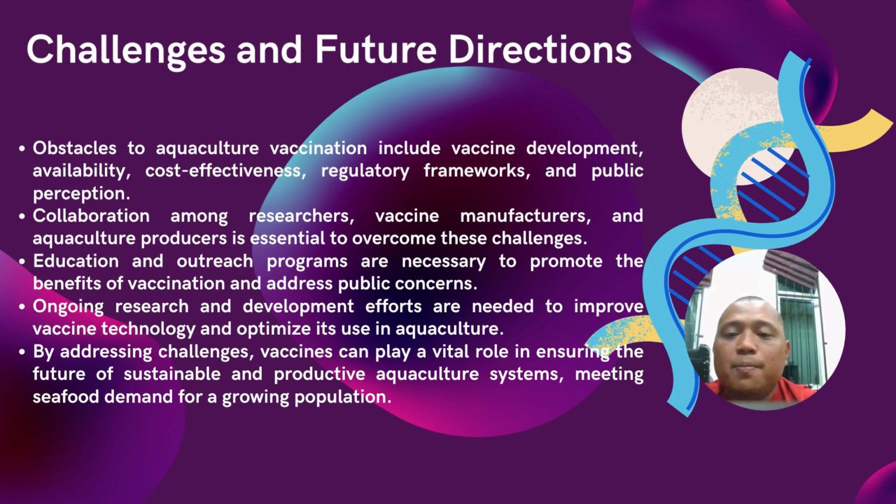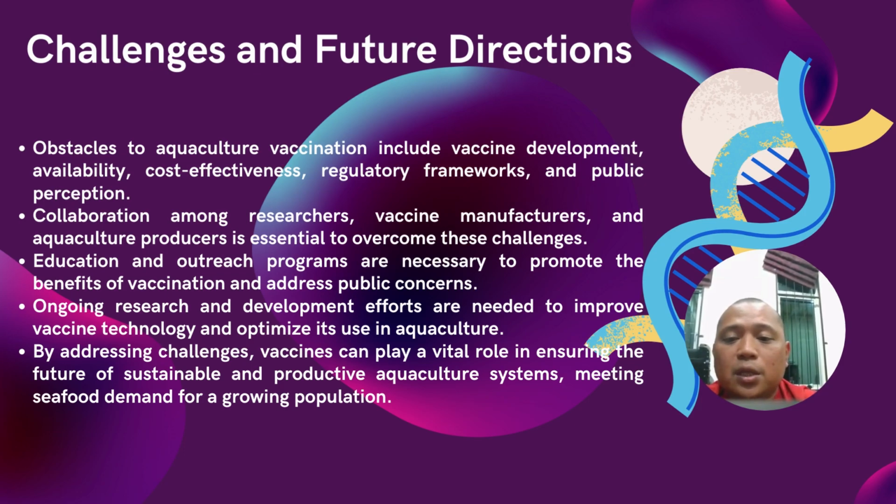Education and outreach programs should also be implemented to increase public acceptance of aquaculture vaccination and raise awareness of its advantages for disease prevention, animal welfare, and sustainable aquaculture practice. Education and outreach activities are also important in spreading the word about the benefits of vaccination and resolving public concern.